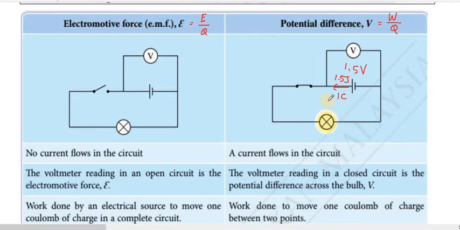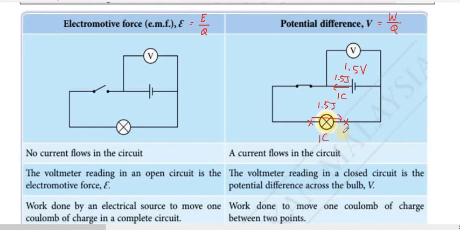So logically, from what we learned, this 1 coulomb of charge will go here, and when it wants to overcome the resistance in this bulb, it will do the work of 1.5 joule, right? So the bulb will get 1.5 joule of energy, right?